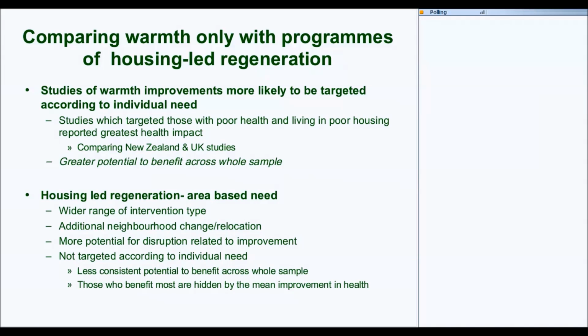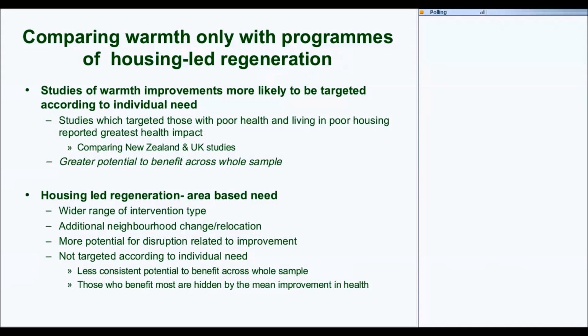People might have had to move out of their house while their houses were being renovated, and there was probably a lot of neighbourhood change going on. And also, the intervention was delivered across whole neighbourhoods, regardless of individual need. And I think that means that the potential to benefit for individuals wasn't consistent across the whole sample because we weren't targeting individuals with specific needs.